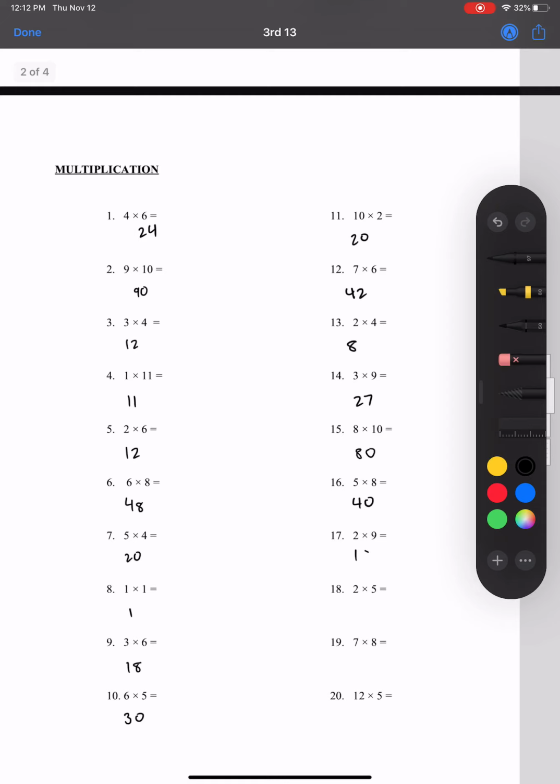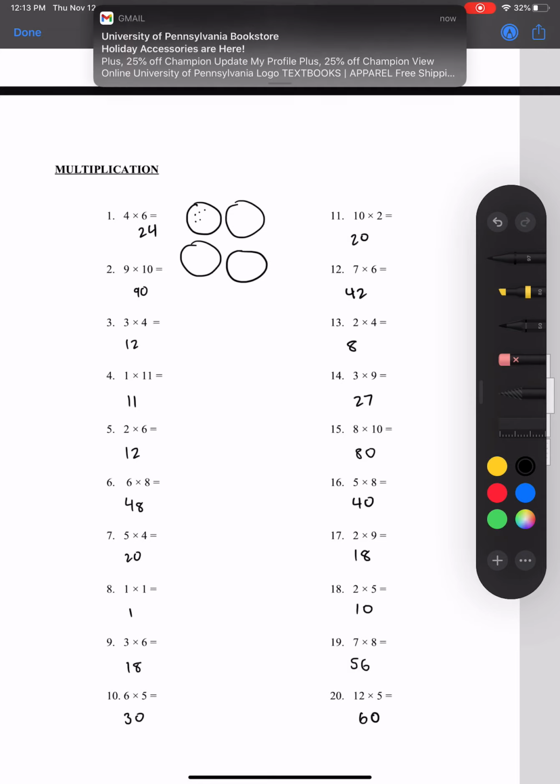9 times 2 is 18, 5 times 2 is 10, 7 times 8 is 56, and 12 times 5 is 60. So you can do these. If you haven't got them memorized, then you can think 4 groups of 6. That means there are 4 groups, 1, 2, 3, 4, and each has 6 dots in it.